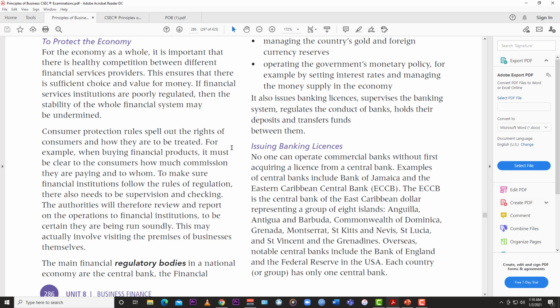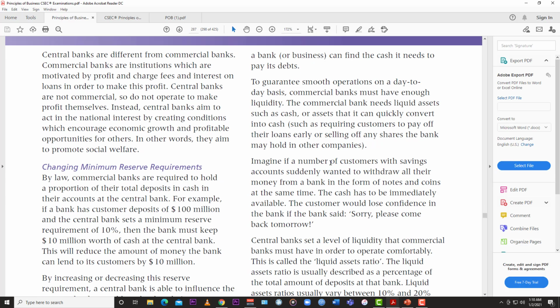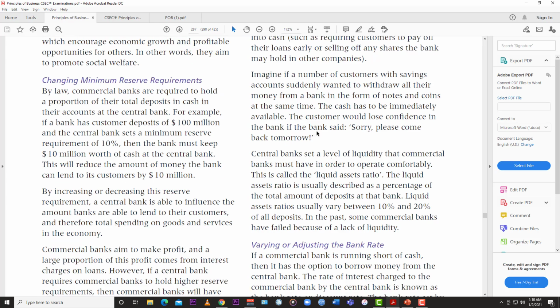No one can operate a commercial bank without first acquiring a license from the central bank. So they can use that to regulate the number of commercial banks that are able to operate within an economy.